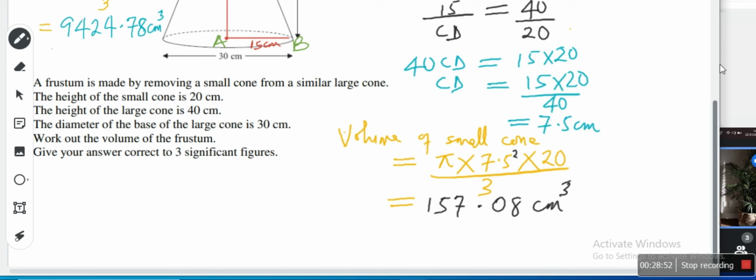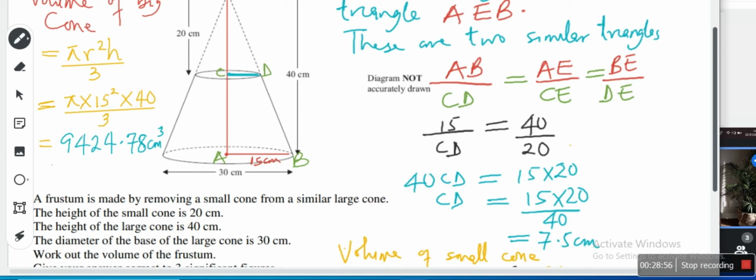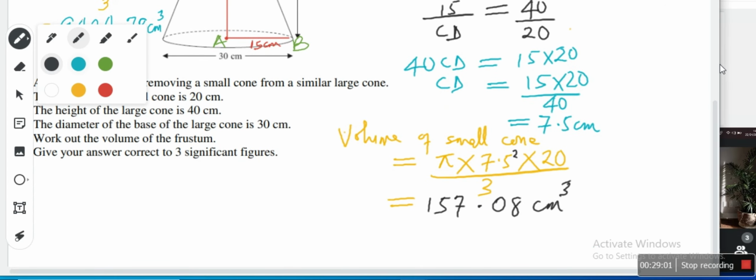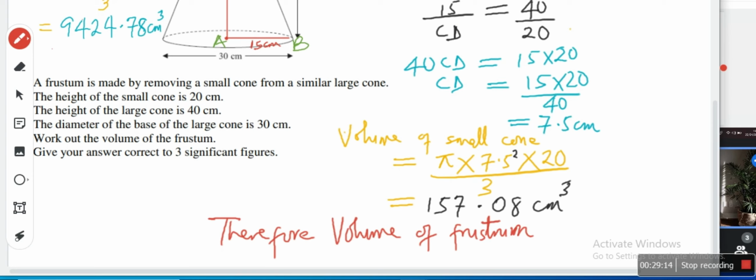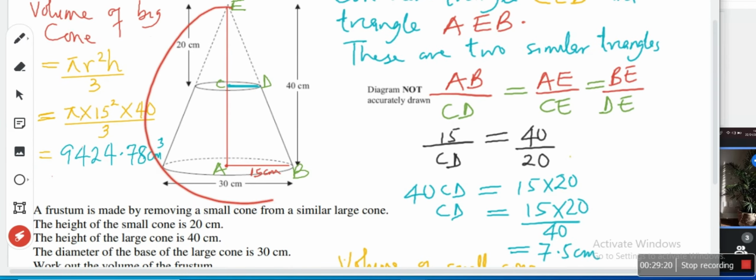So now what is the volume of the frustum? Therefore, volume of frustum equals, we said it will be volume of the big cone, subtract volume of small cone.